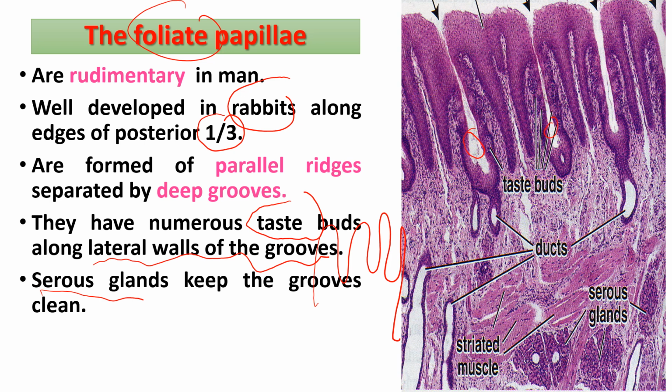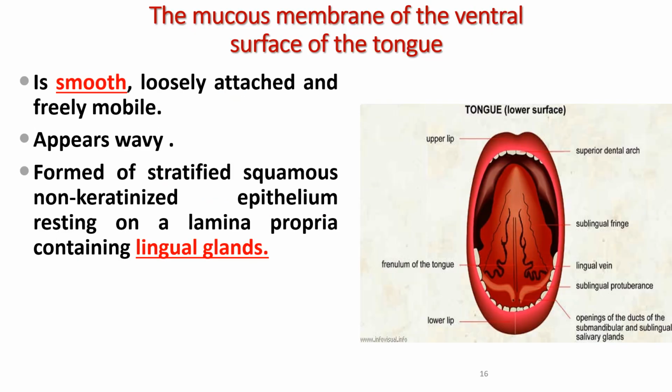Let's continue to talk about the ventral surface of the tongue. The ventral surface of the tongue is not like the dorsal one. The dorsal one was divided here. The ventral surface is smooth, loosely attached and freely mobile. It doesn't contain any papillae.